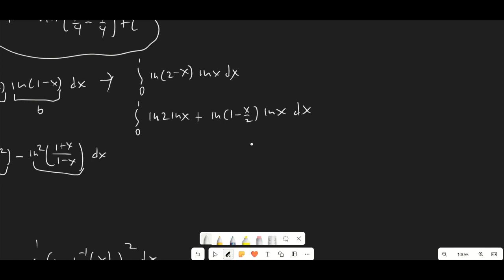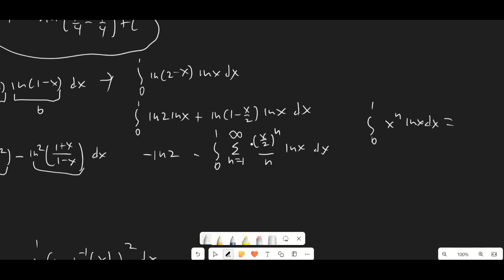So the integral from 0 to 1 of ln x is just negative 1, so we're going to get negative ln 2 right here, plus the integral from 0 to 1 of the sum from n equals 1 to infinity. I'm going to throw a minus sign in front of here. (x/2)^n over n times ln x dx. Then the integral from 0 to 1 of x^n ln x dx equals negative 1 over (n+1)².